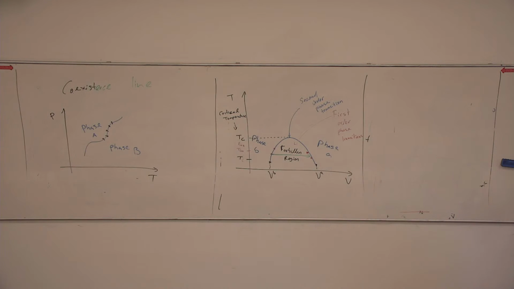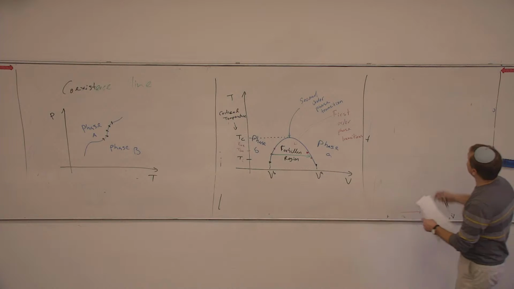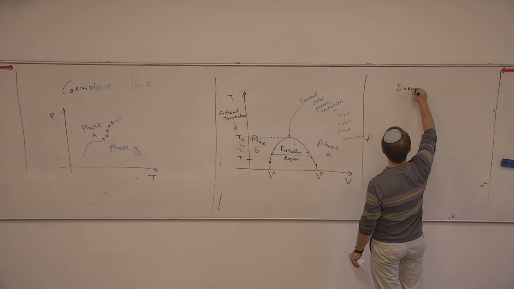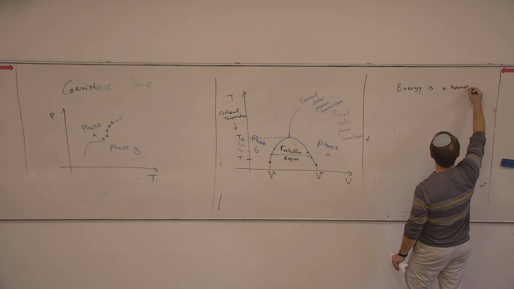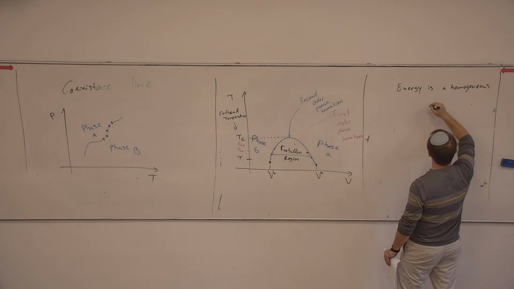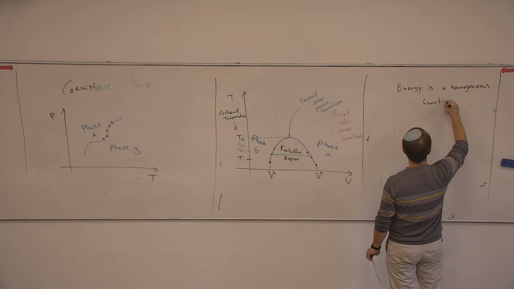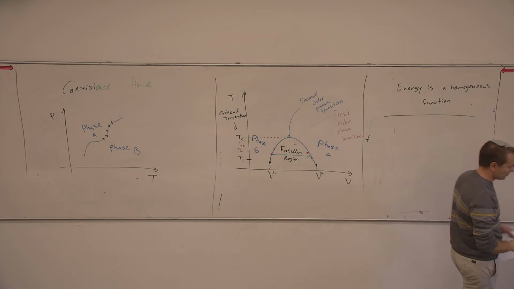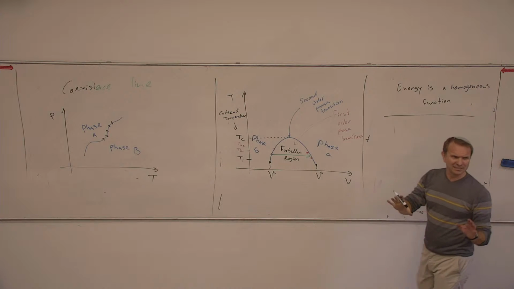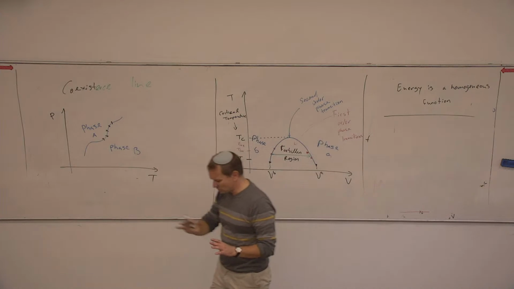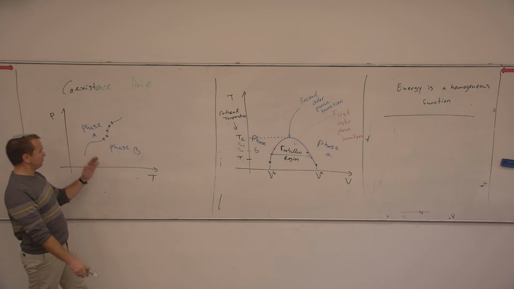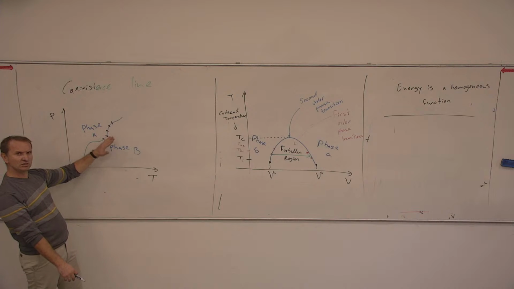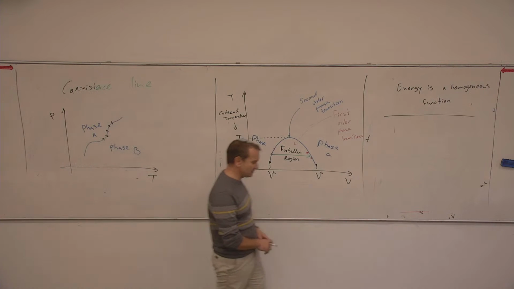First of all, we're going to show that energy is a homogeneous function. As I said, thermodynamics, from a lot of perspectives, is a theory of continuum functions. It breaks at the transitions, but in general, it's a theory of continuum functions.